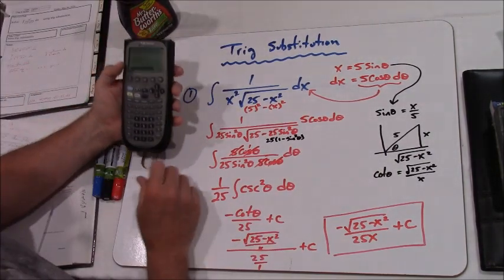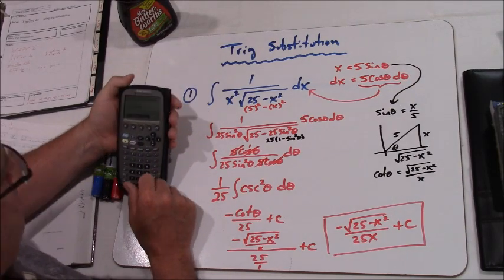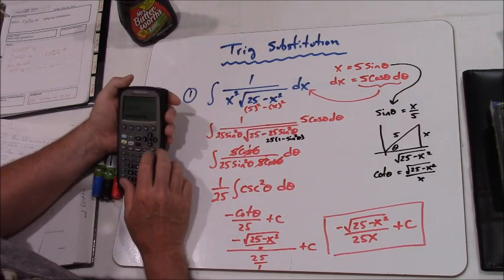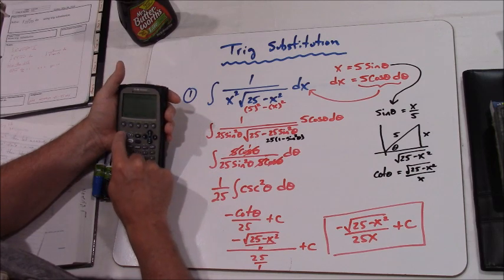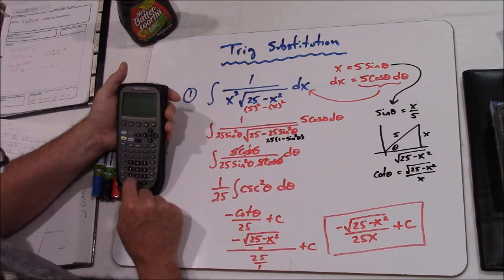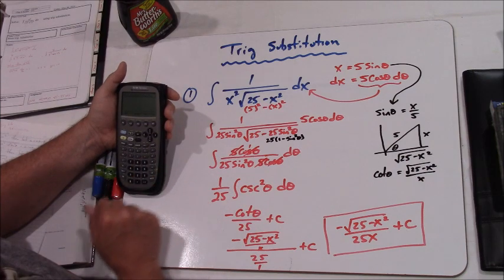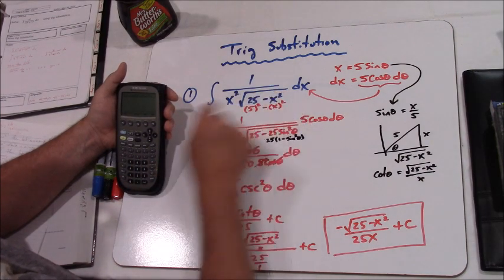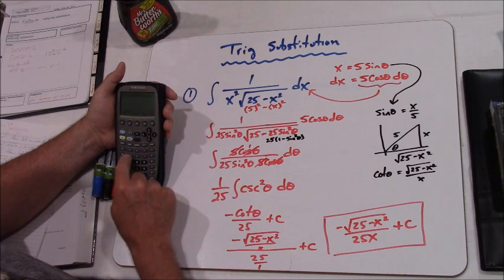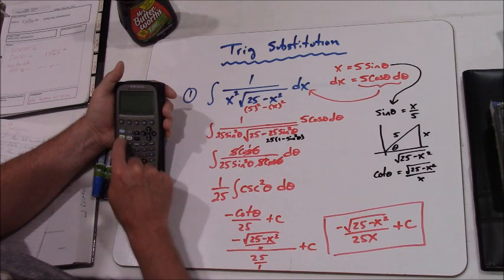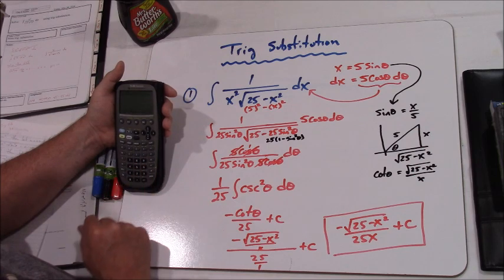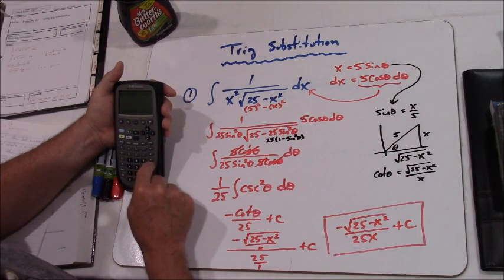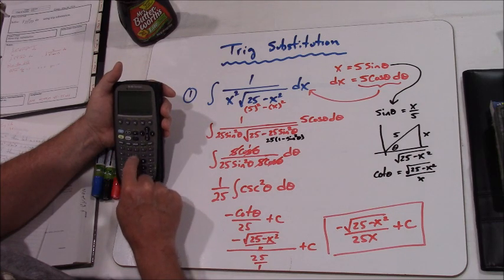Alright, so let's check this real quick. I can't remember if this calculator can do trig substitution or not, but we'll give it a shot. So I'll clear off everything I have. I want the integral of 1 divided by, and I have to put this whole thing in parentheses, so x squared times, I'm going to put a multiplication sign in there just to be safe, the square root of 25 minus x squared.